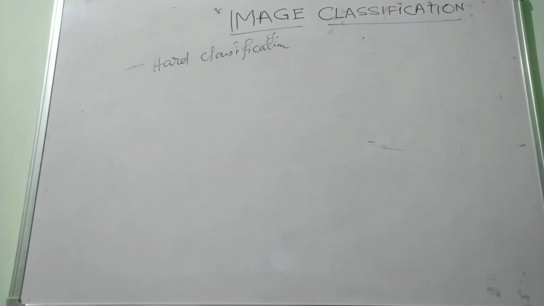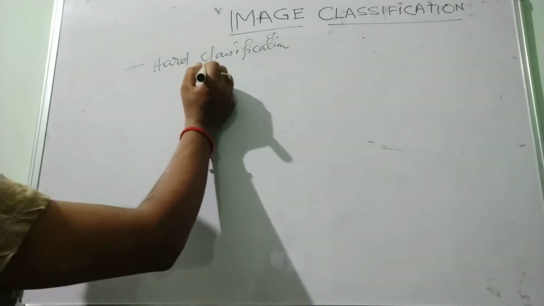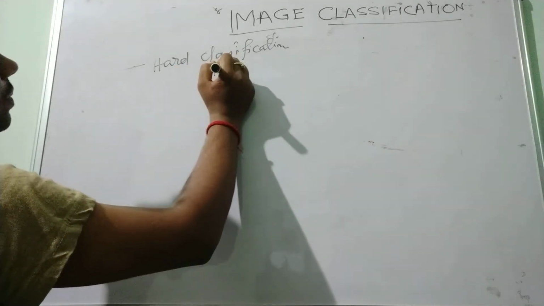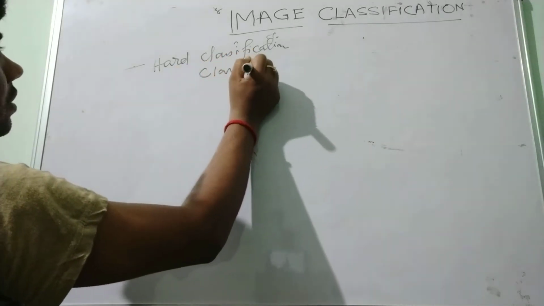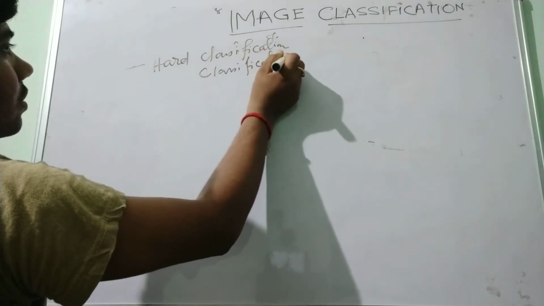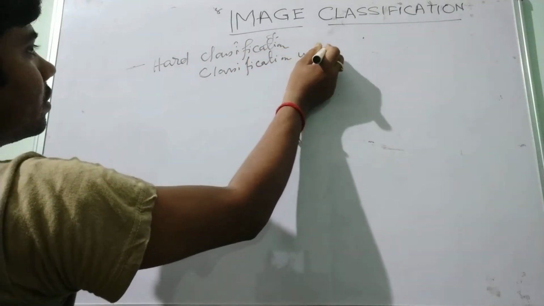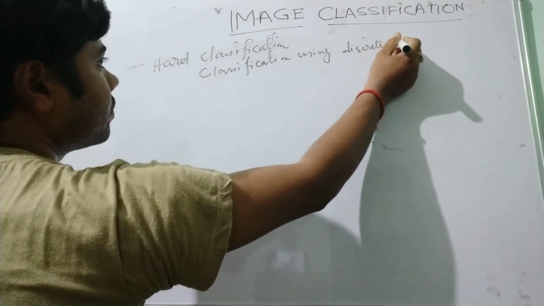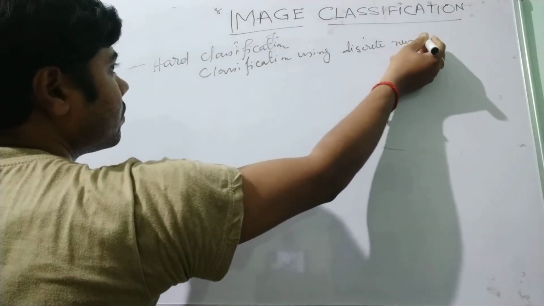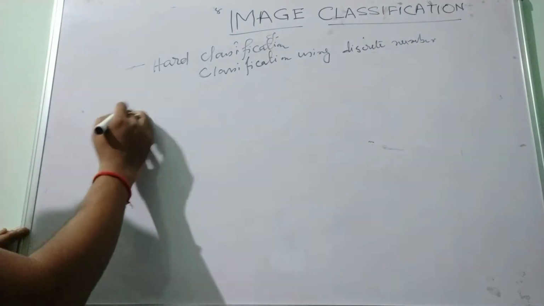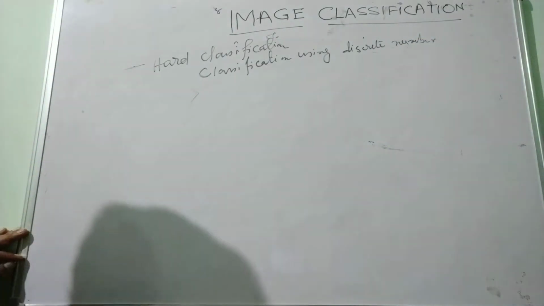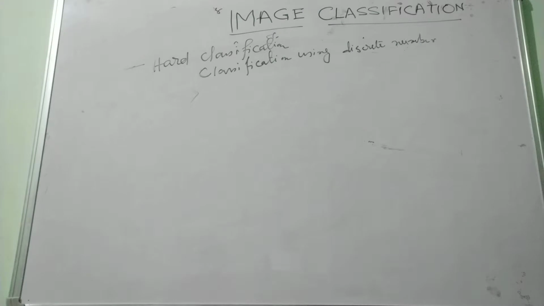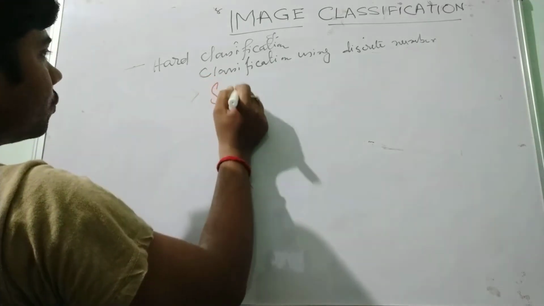It refers to the classification using discrete numbers. For example, this hard classification is basically divided into the supervised classification and unsupervised.